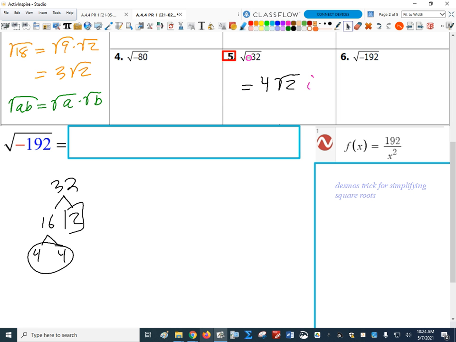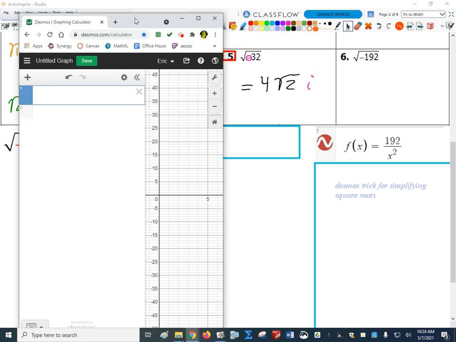In fact, I think I'm going to go through this live in Desmos so you can see this happening as we speak here. So all I do here is f of x equals whatever my number is divided by x squared.